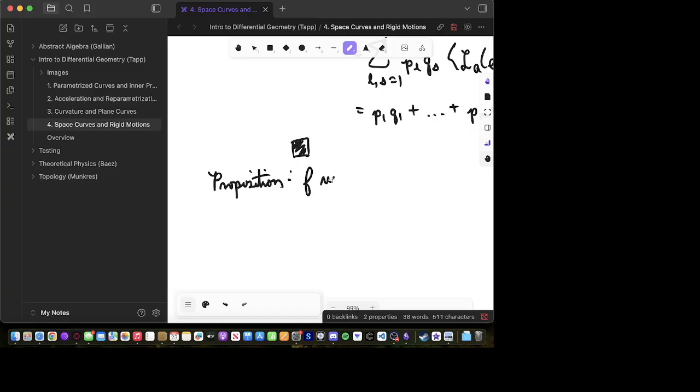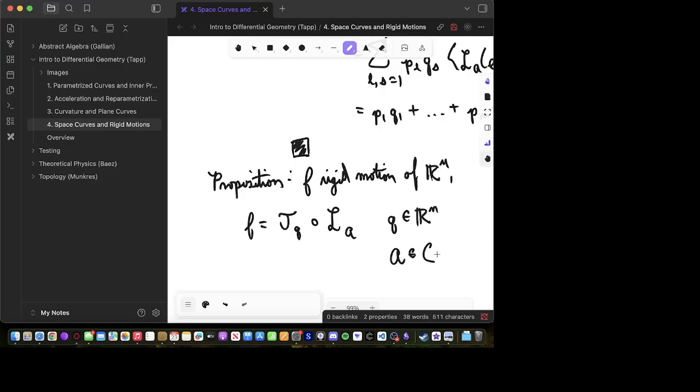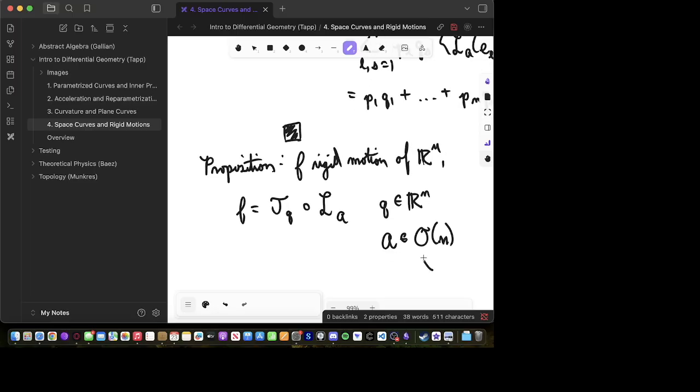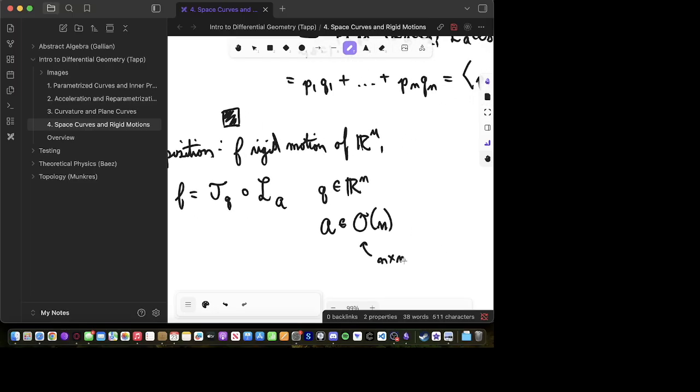So if F is a rigid motion of Rn, then F equals the translation by a vector Q composed with LA for a unique choice of Q in Rn and the matrix A in On, which is the set of n by n orthogonal matrices.